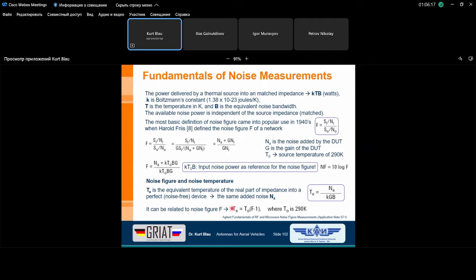And then we can express this with the so-called equivalent noise temperature, instead of giving the noise figure. It means both have the same background, or both express the same noise behavior of our device under test.